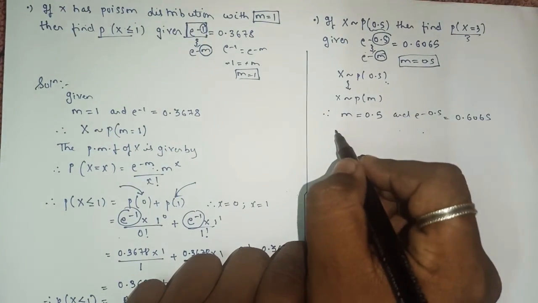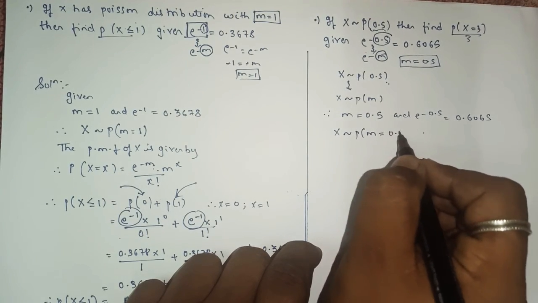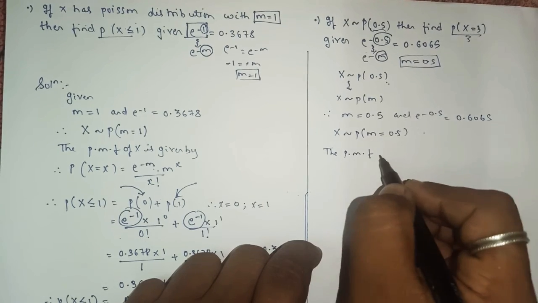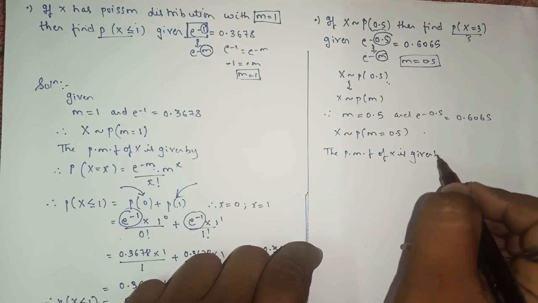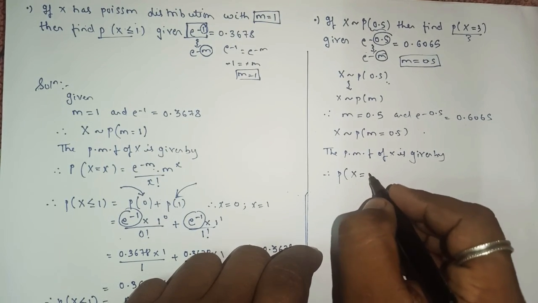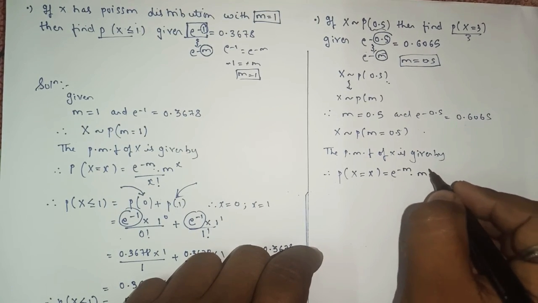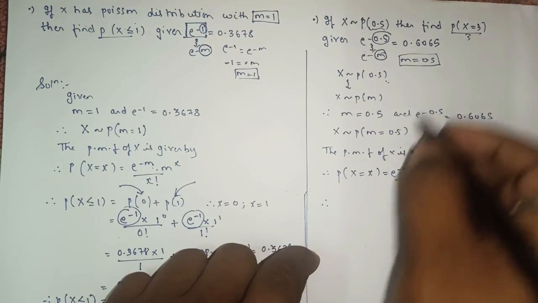So before writing the formula, we'll mention this part, and we'll write the PMF of X is given by P(X = x) equals e raised to minus m into m raised to x upon x factorial. So what we have to find?